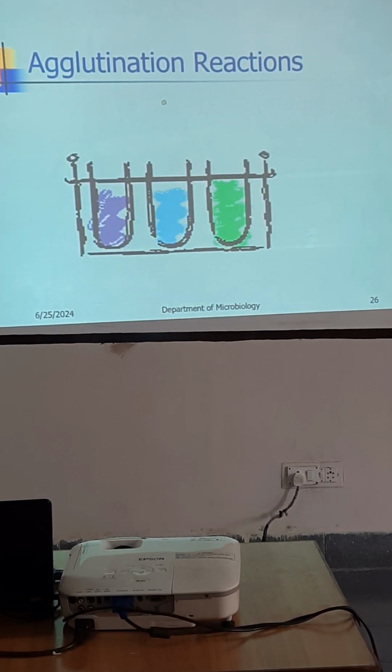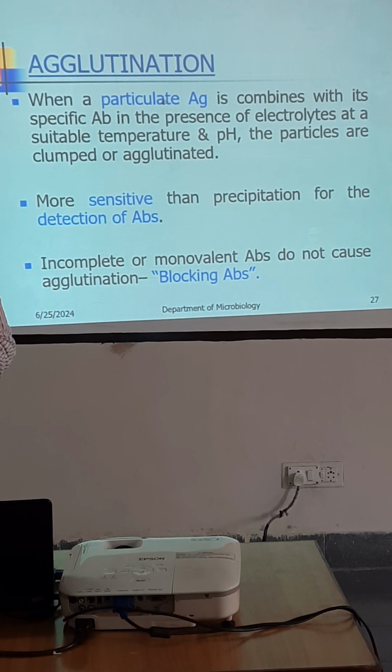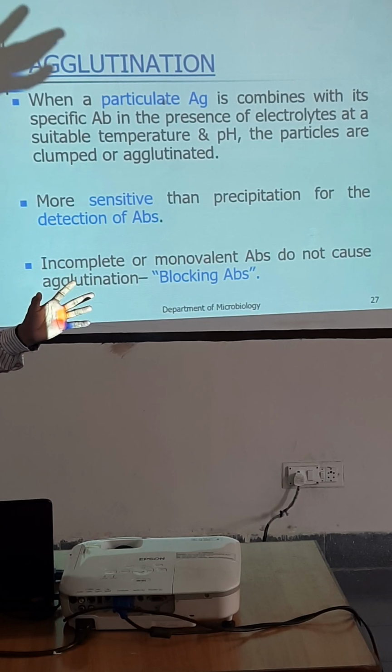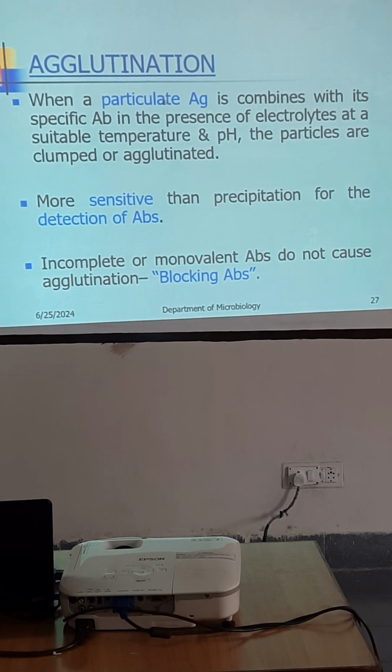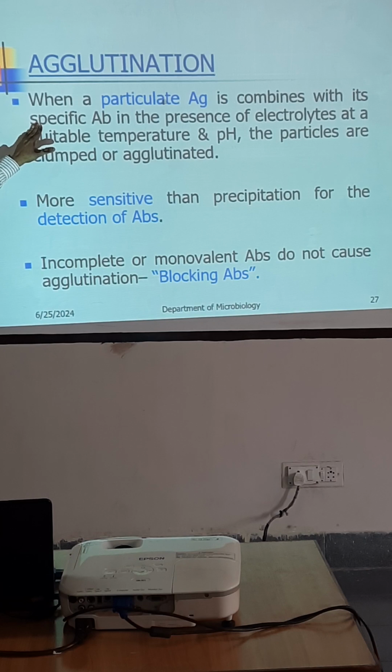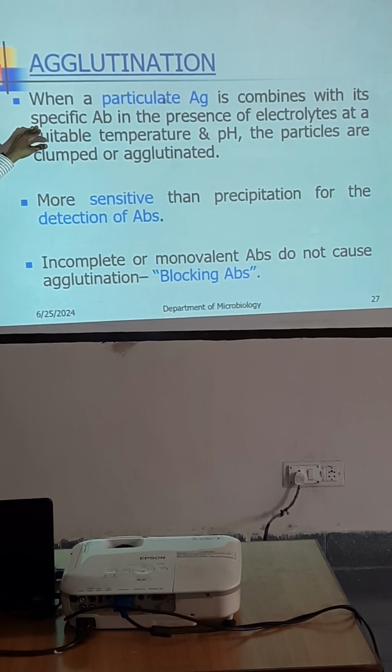So the agglutination reaction. This has a similar definition to that of precipitation, except that the antigen which takes part in the reaction is a particulate antigen.